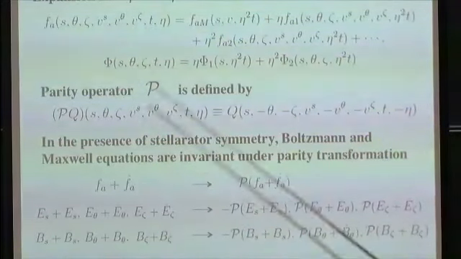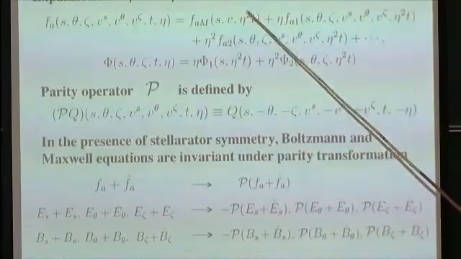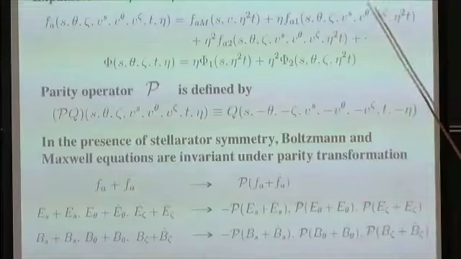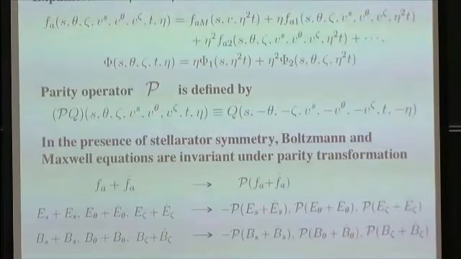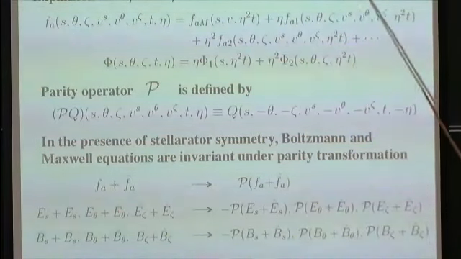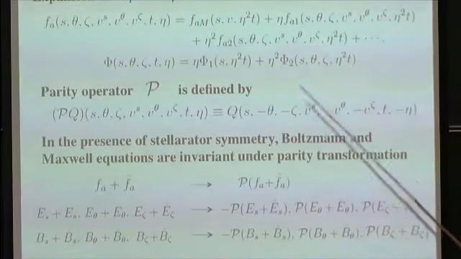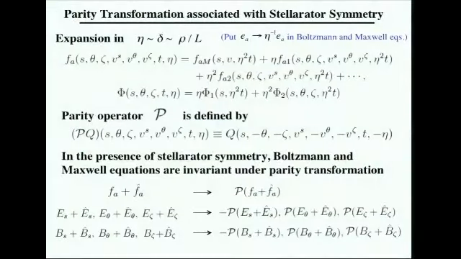Now we consider a parity transformation associated with stellarator symmetry. This symmetry is only valid for a system with stellarator symmetry as shown in the previous slide. Here we introduce another expansion parameter eta, whose order of magnitude is completely the same as delta.